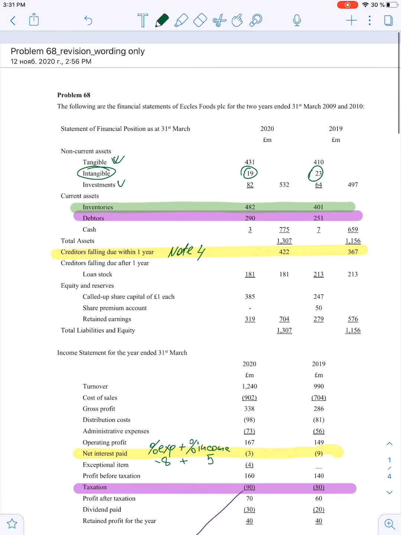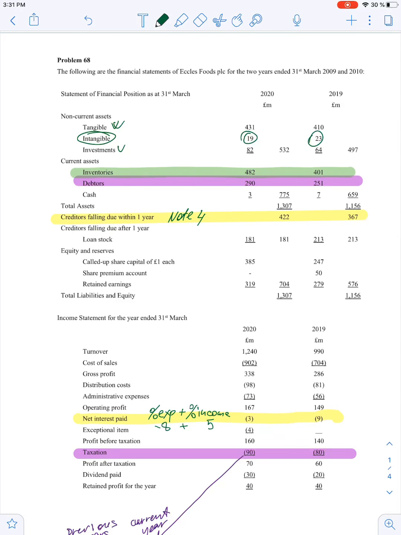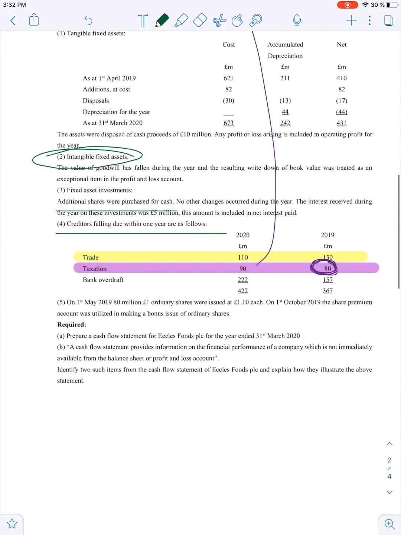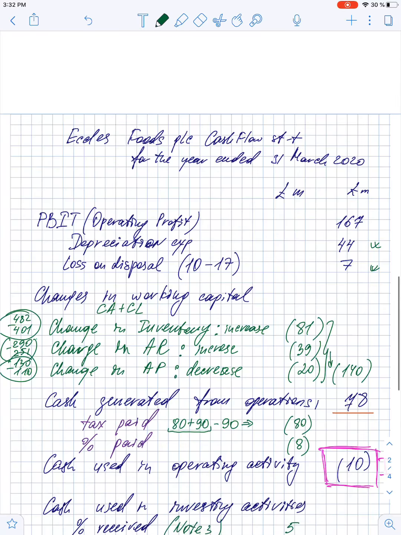Since the exceptional item is below the operating profit, we shouldn't account for it somehow. The fall in valuation of goodwill is a non-cash expense for sure. But since we started with operating profit, and the exceptional item was written off below that calculation, that amount would not affect the cash flow compilation. So we just skip that information. No impact on the cash flow statement.